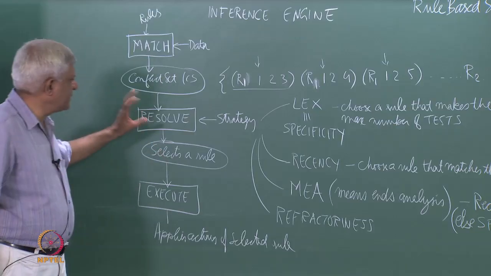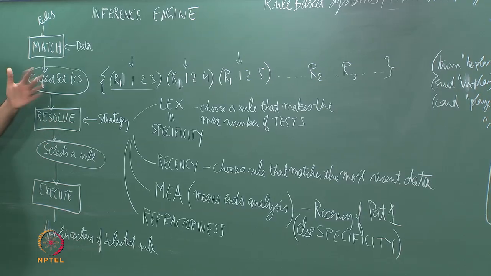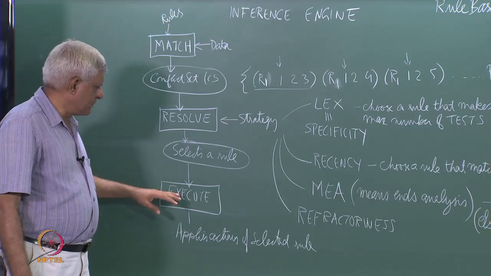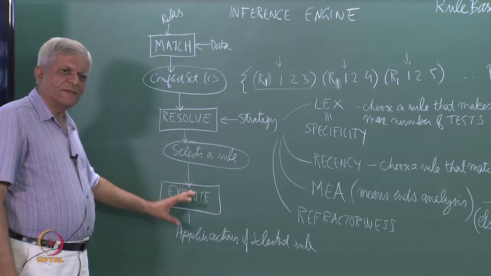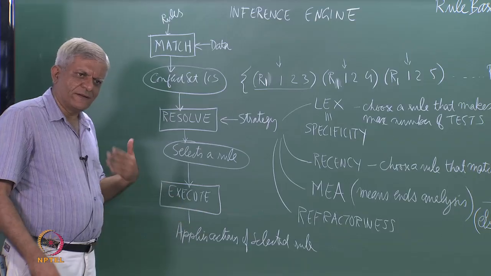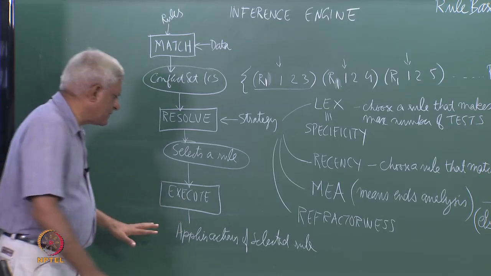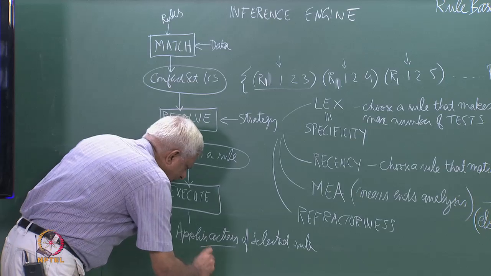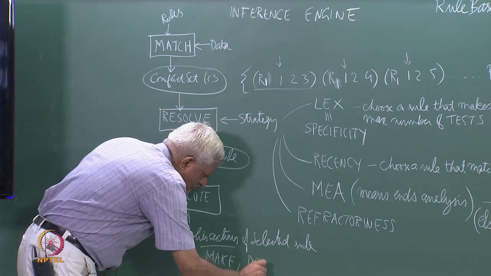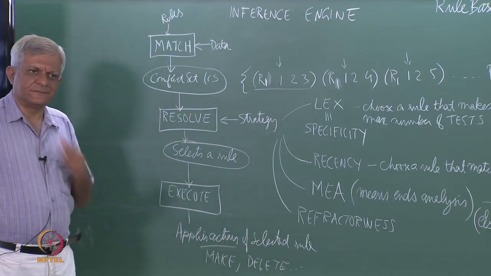So, remember that this resolve module resolves the conflict between all these rules and says this is the rule that is going to execute, and this execute module basically takes the rule and takes its right hand side, which is the actions, and executes those actions. So, remember what the actions are, things like make or delete and so on essentially.